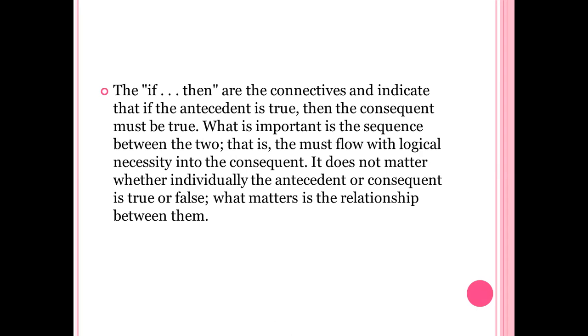It doesn't matter whether individually the antecedent or consequent is true or false. What matters is the relationship between them. If the antecedent is true, the consequent must be true as well. And if the antecedent is false, so must the consequent be. So there must be a relationship in sequence between the two of them.